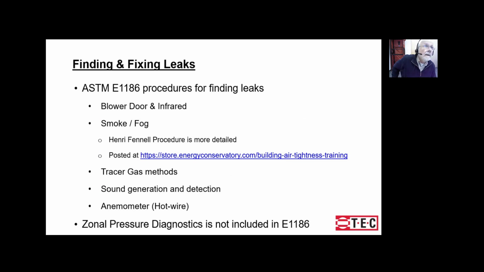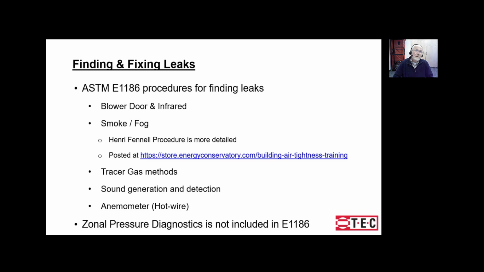So next we're going to just quickly go through what are the various techniques that are used for finding leaks in buildings, and this is a list that comes out of the ASTM E1186 standard, which is a standard for finding leaks in buildings.